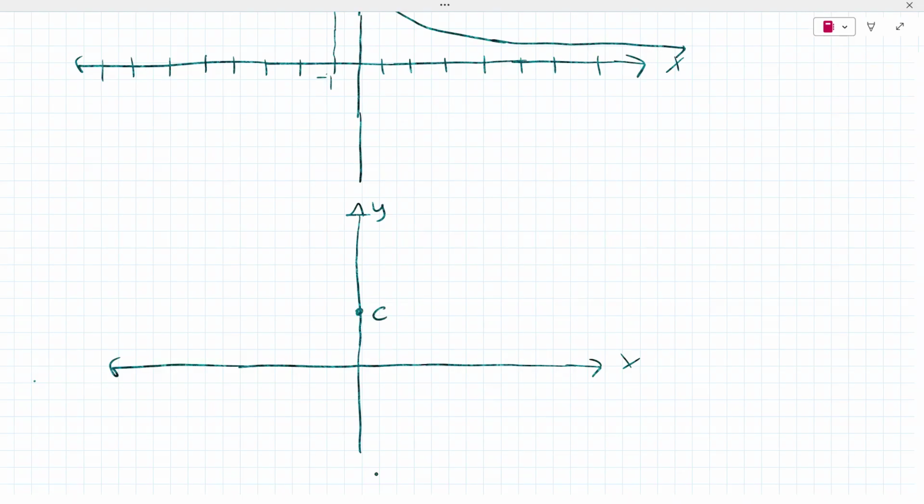Let's call this C, and then let's call this D, or the e line, call it D. Okay. So now our body's going to look like this.